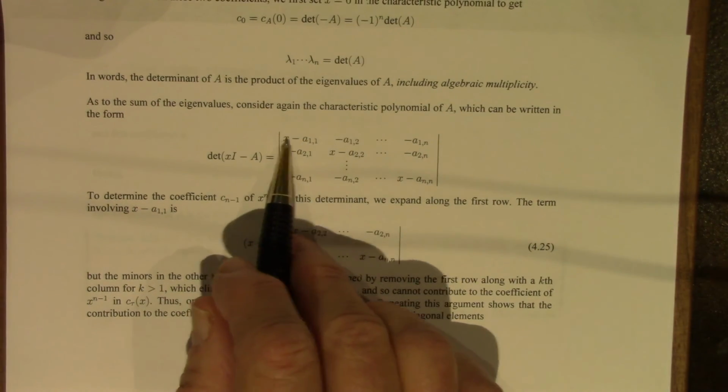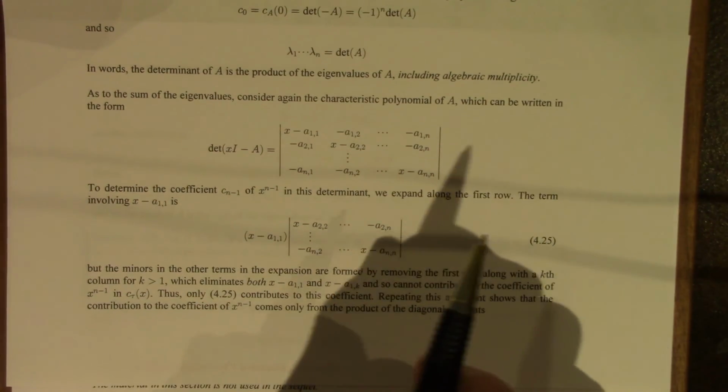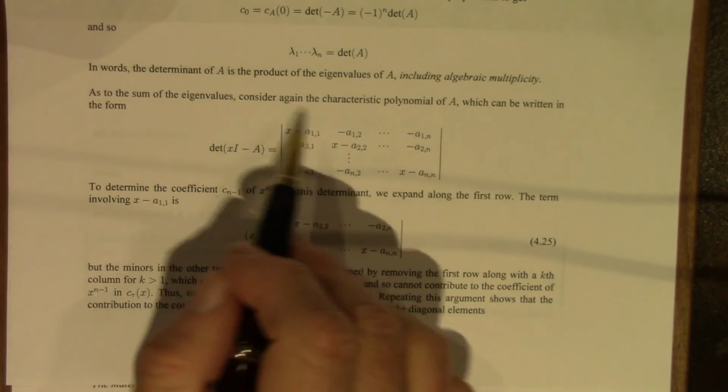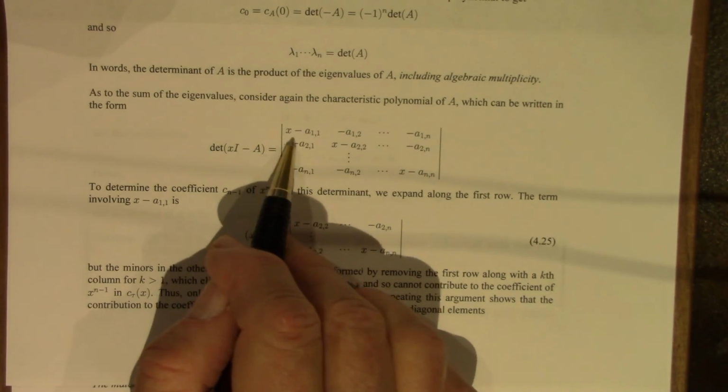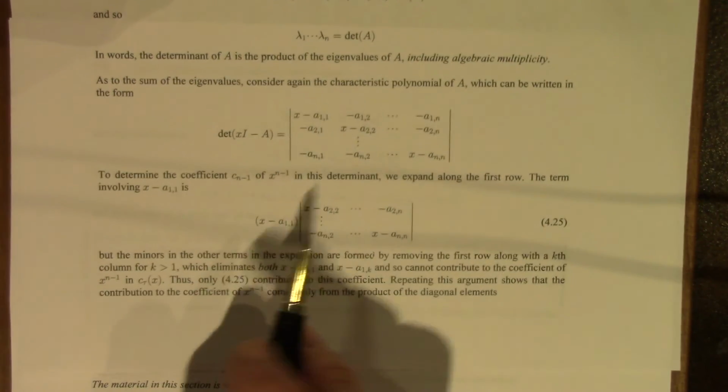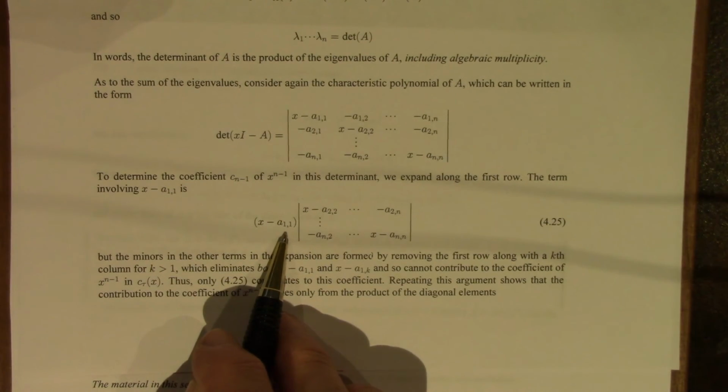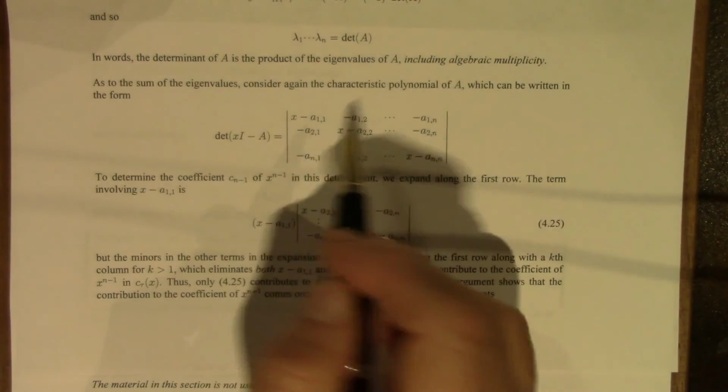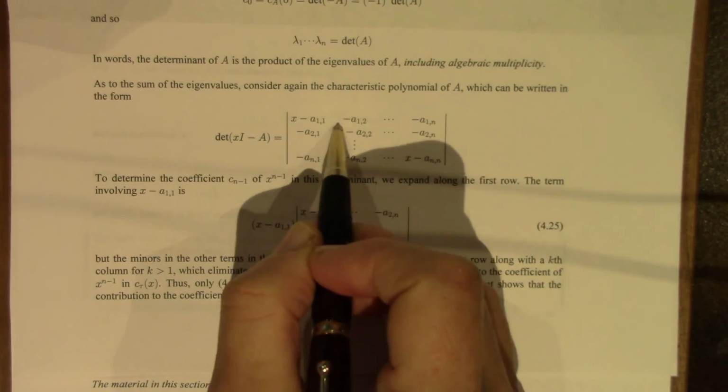Well, if we expand along the top row, the first term is going to be this entry, x minus a11, times the minor determinant here.